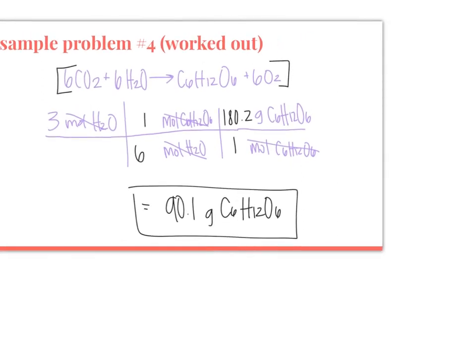Since we have 6 carbons and the atomic mass for 1 carbon is 12, and we have 6 of those, carbon is 12 times 6. Hydrogen is 1 gram, but we have 12 of them. And then oxygen is 16 grams, but we have 6 of them. So let's do that math.